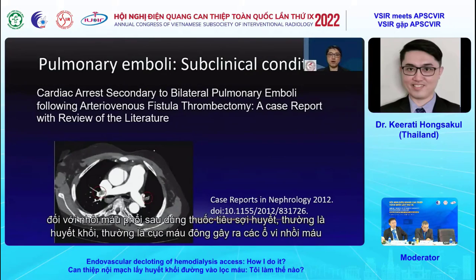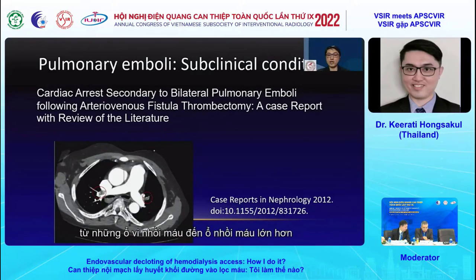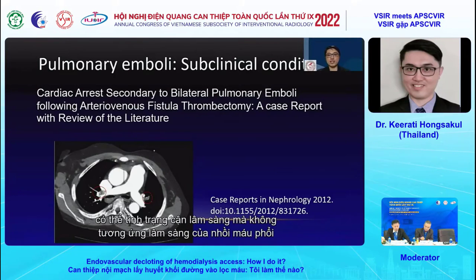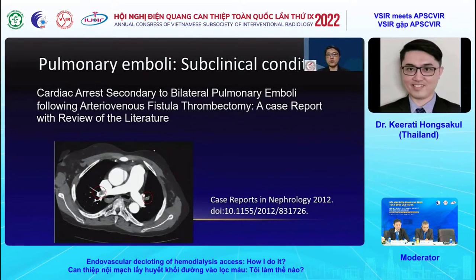For pulmonary embolism, usually after we perform the procedure and thrombolysis, the clot may be like microemboli that lodge in the pulmonary circulation, and the patient may be in a subclinical condition, with no clinical signs of PE, because the clot is just small emboli that can undergo internal autolysis.